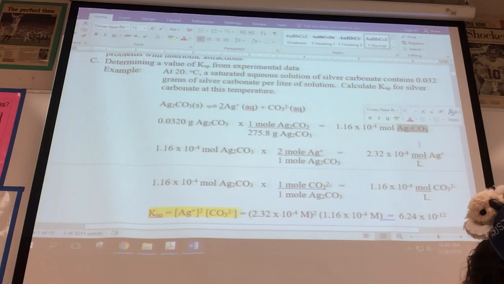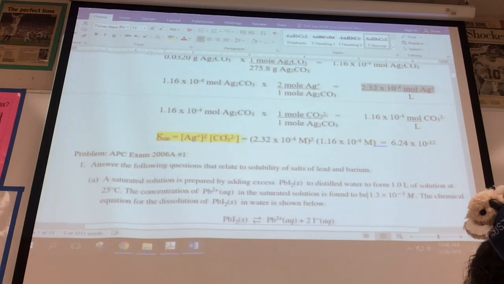This mole amount will be equal to this one because of the 1 to 1 mole ratio. Is it clear that silver ion has twice the quantity of carbonate ion? And then we're just going to divide each by 1 liter because it says per liter of solution. Once I have these two, I plug them in here.